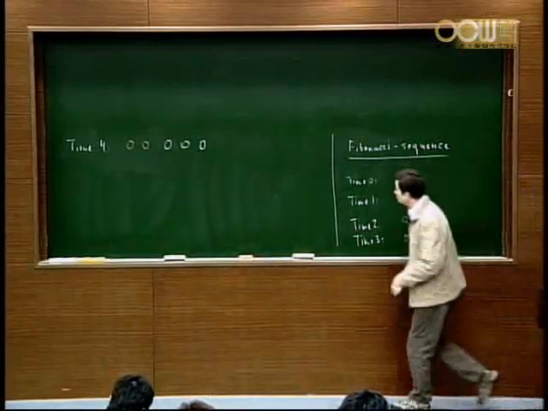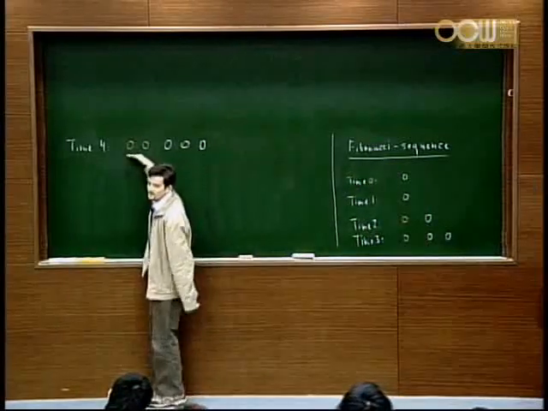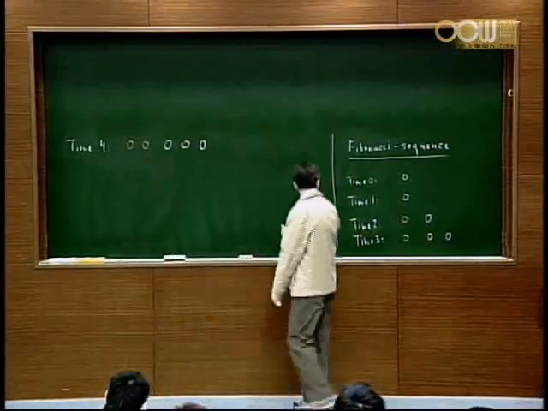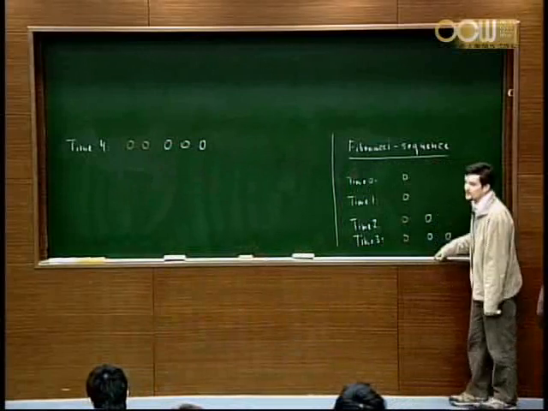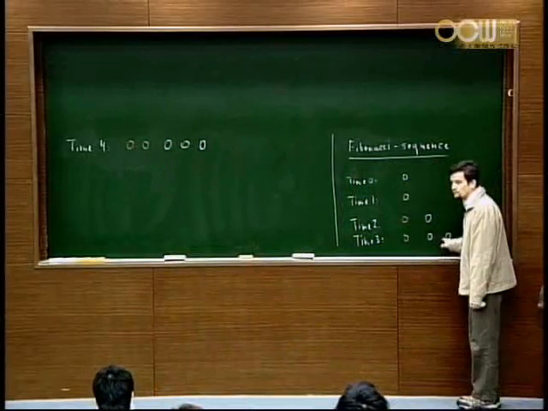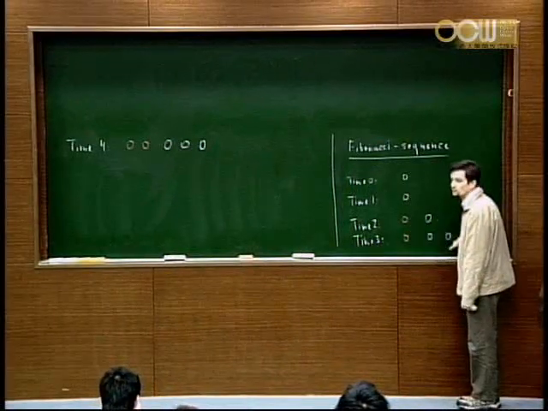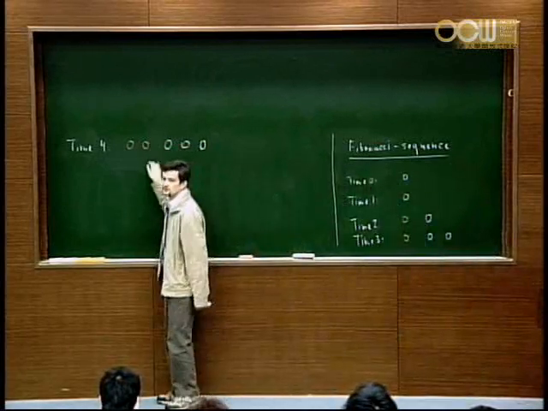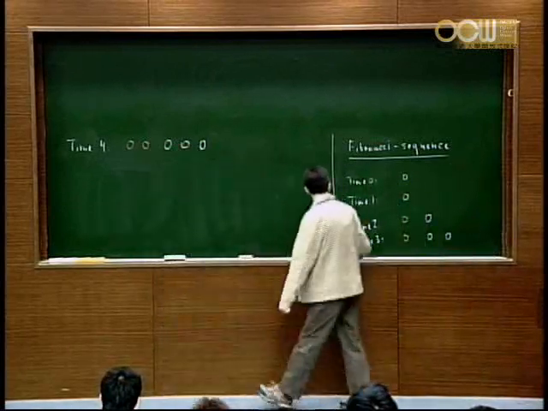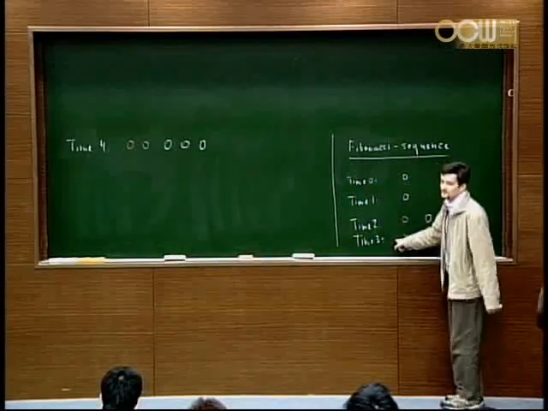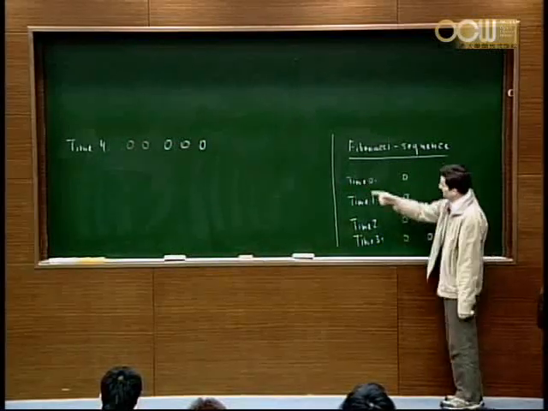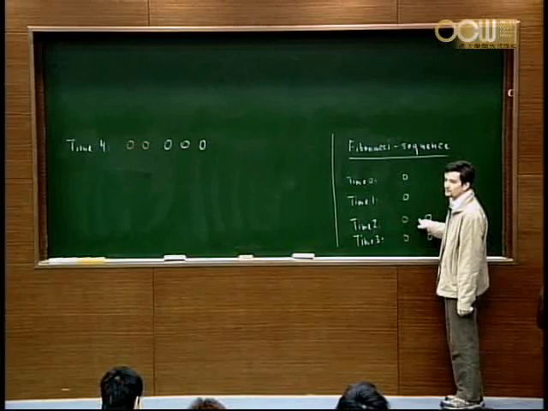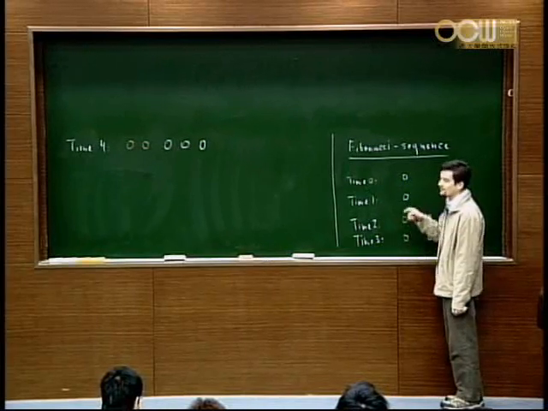Because if you reach time n, you have to look at how large the population is at time n minus 1, because all those will form a part of the population at the next time, and you have to look at how many there are at, if you look at time 4, at time 2, because all of them will be productive at time 4.